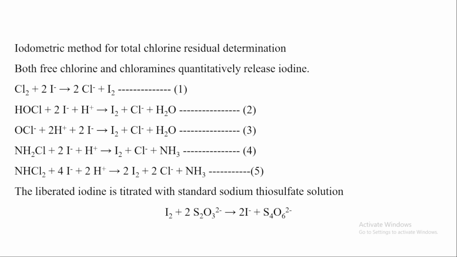Starch is added as the indicator and it is a very famous reaction. Starch reacts with iodine to give blue color. So, any extra iodine that forms in the solution after the reaction with sodium thiosulfate will react with the starch and change the color of the solution.